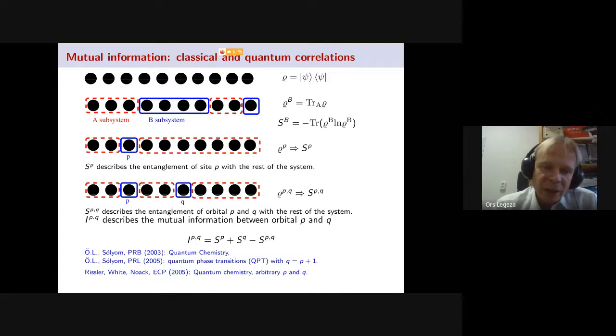Now, keep in mind that the single orbital entropy and the block entropy are really the entanglement. So this is really the quantum nature, because these are calculated for a pure state. While for the mutual information, when we calculate S_PQ, where we put together this joint system, this is no longer a pure state. So the mutual information includes classical and quantum correlations.